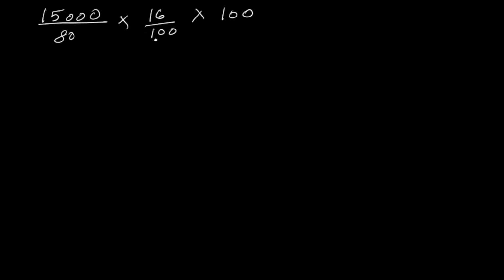So we can solve this one. I want you to solve along with me and share your answers. Here 100 and 100 will get cancelled. 8 into 1, 8 into 2. So we will get our answer equal to 3000.